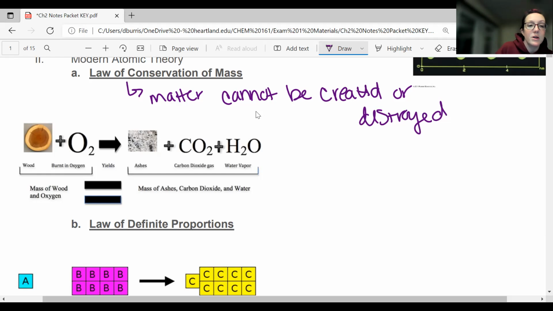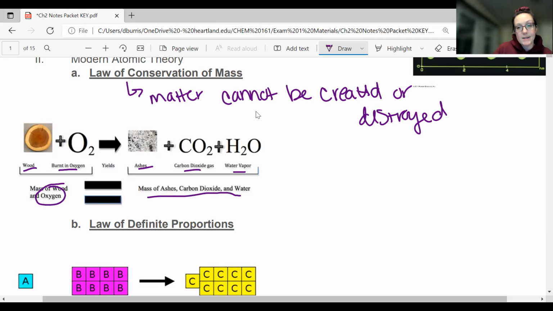So this is just an example here. When wood burns, it uses oxygen. And then we end up with ashes, carbon dioxide gas, and water vapor. Okay, and the mass of the oxygen used and the wood will equal the mass of the ashes, carbon dioxide, and water. Now, this is really hard to do because we would have to actually capture all of the gases being produced.